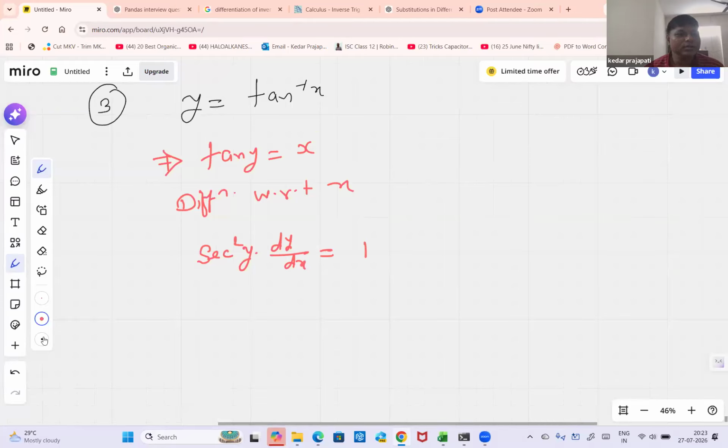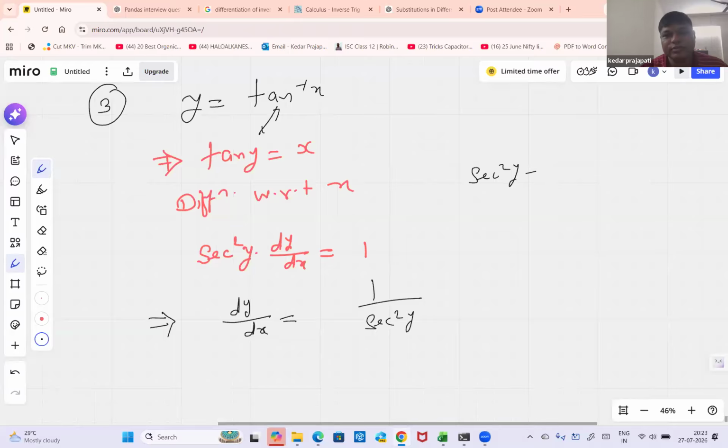Okay? Which means dy by dx is equal to 1 by sec square y. But here there is no sec. So I have to write secant square in terms of tan. So we know, right? Sec square y minus tan square y equal to 1. Correct?